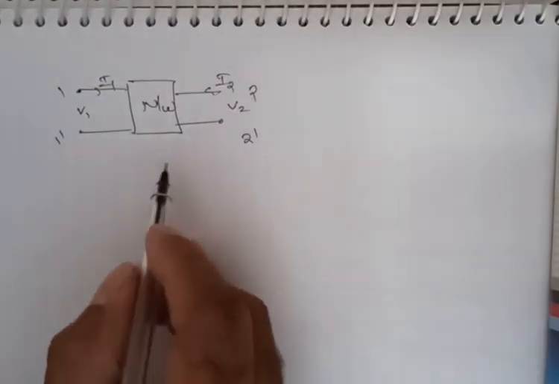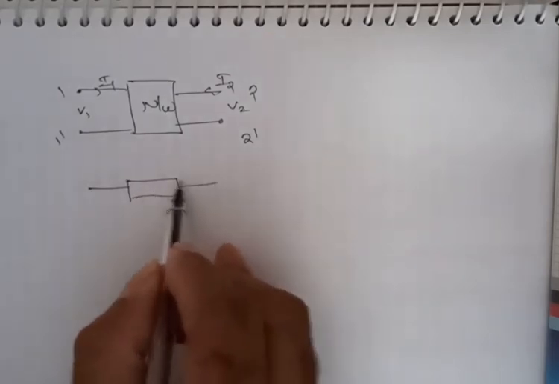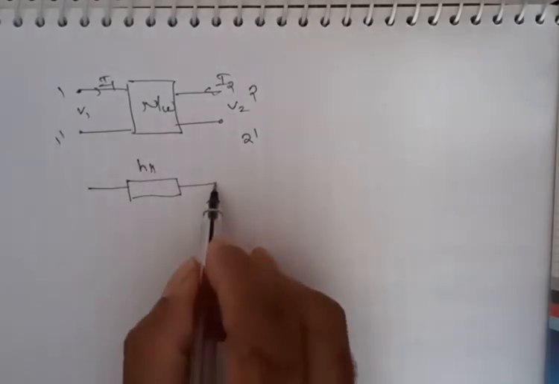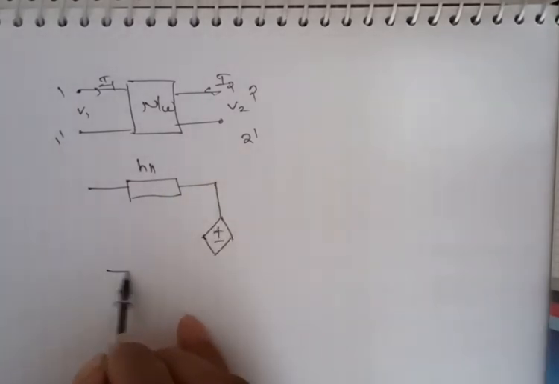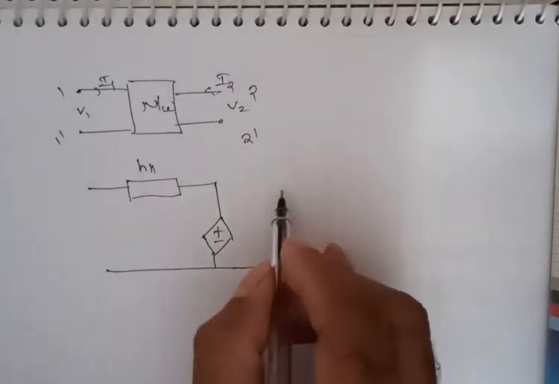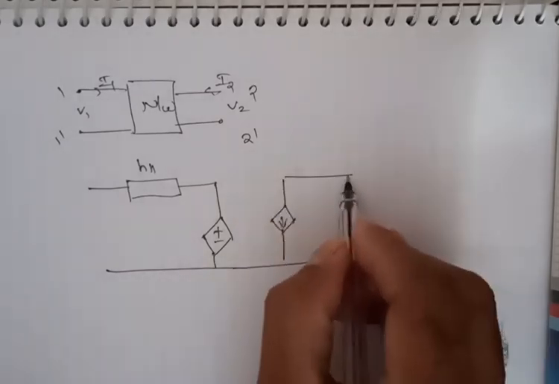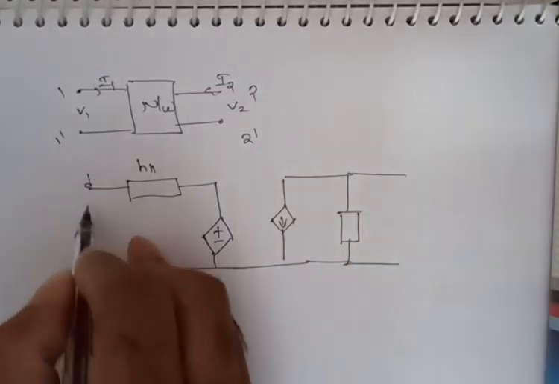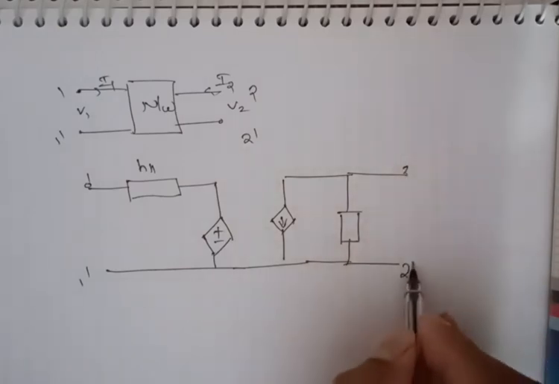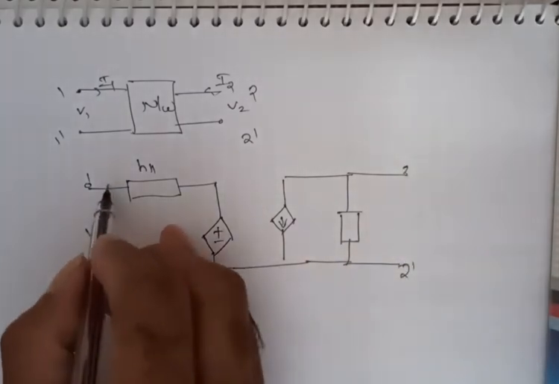Now it can be replaced with the equivalent diagram: this box represents some impedance h11, and here we have a dependent source. Here is another dependent source, a current source, and this box represents some admittance between 1' and 2'. The equivalent diagram is very useful in electronic circuit analysis.